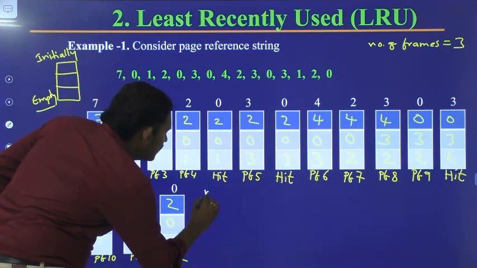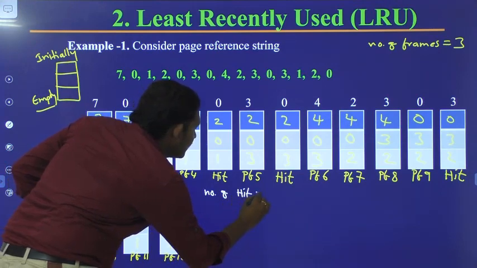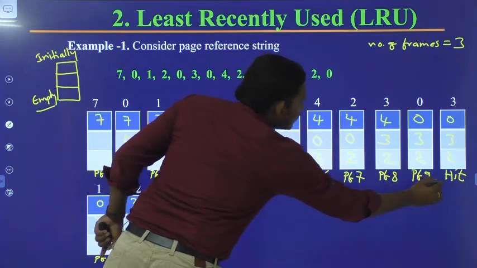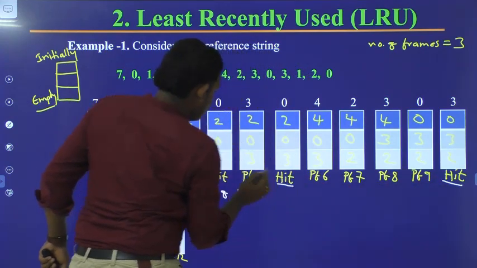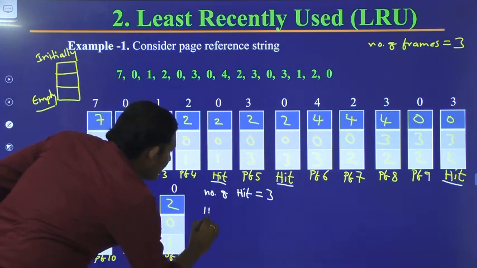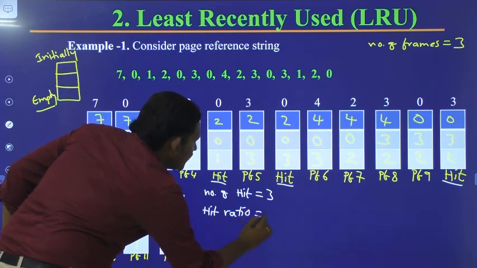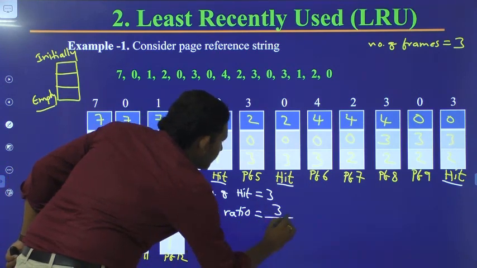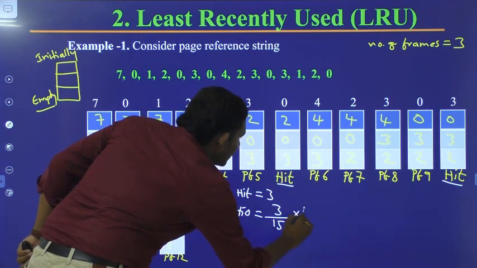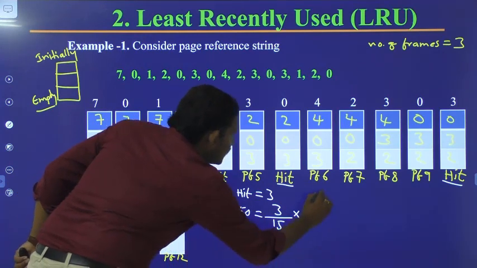So number of hits are 3. See here, 1, 2, 3. 3 hits. Similarly, hit ratio is number of hits 3 by total number of reference strings 15 into 100. So here we will get 20%.